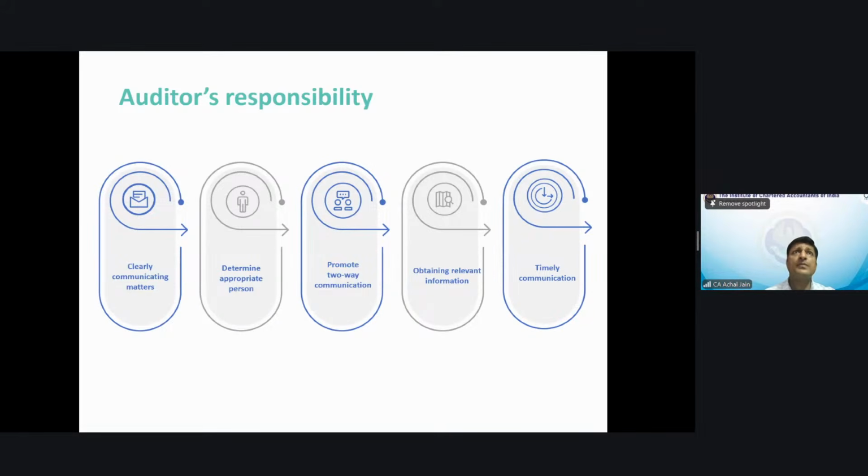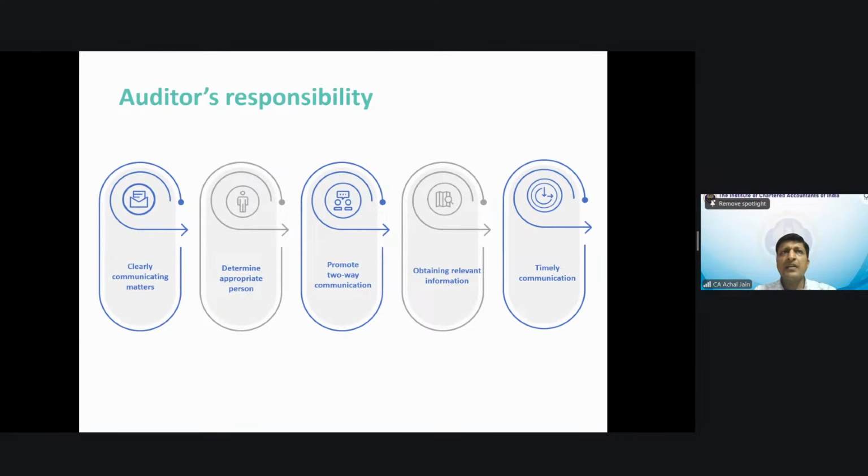And because at the first level, it's the management who's preparing that, and of course, it's something which is controlled by the TCWG. So this objective is something for which two parties are involved, TCWG and auditor. Correct.